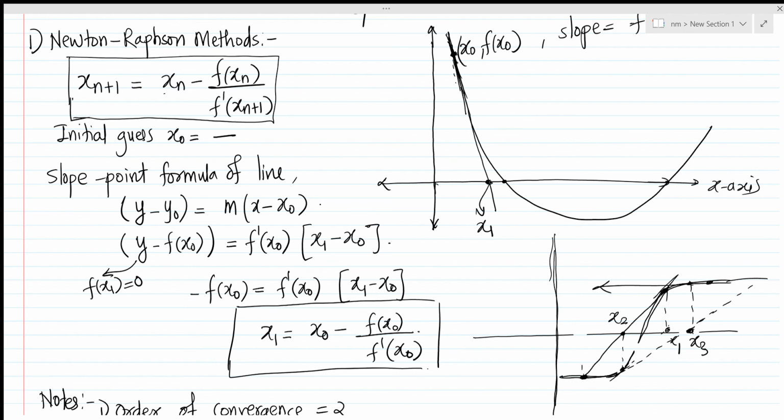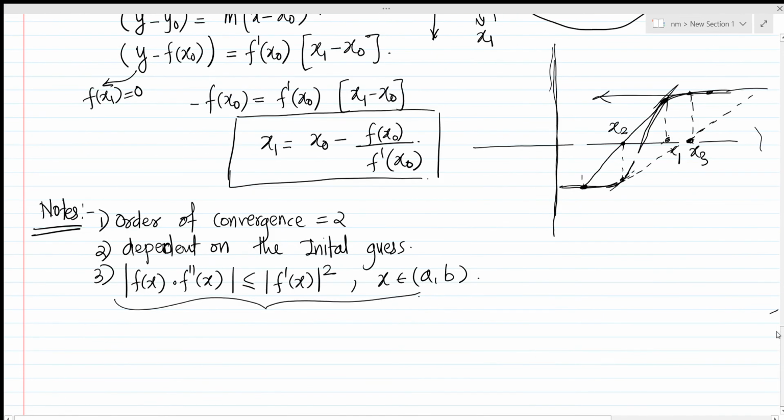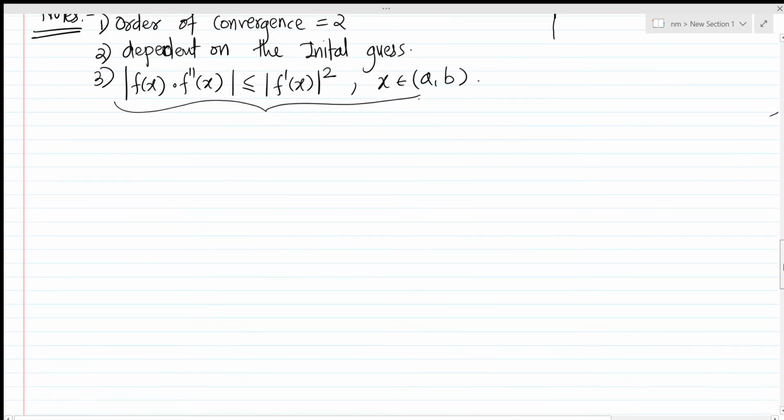In the bisection method, the root always lies in the brackets, so we can assure that the method converges, but it converges very slowly as compared to the Newton-Raphson method. If the initial guess is good, then Newton-Raphson is a very good method. It converges very fast to the required solution.